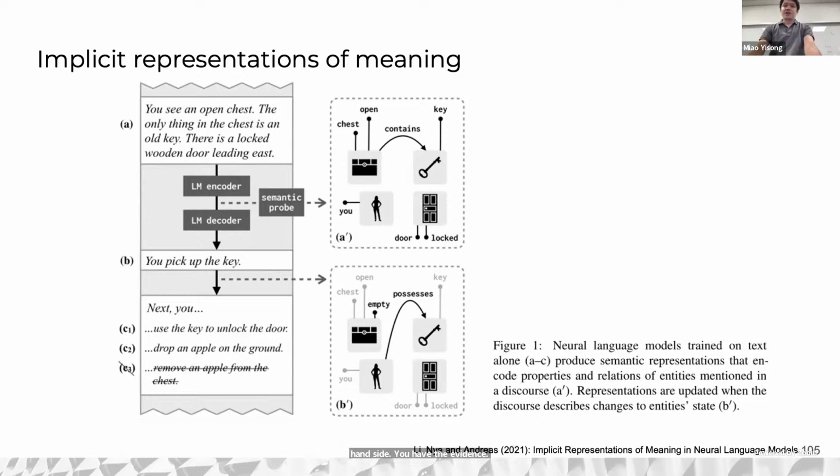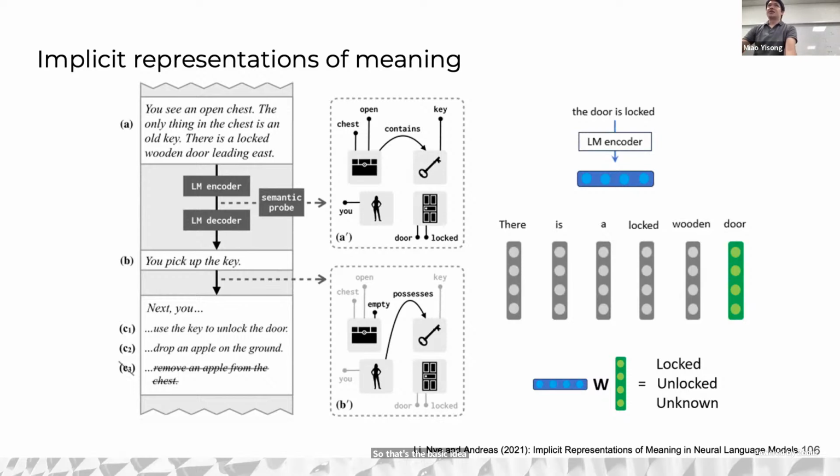And if your model can do that, for the next utterance that comes after B, you can already rule out C3, because C3 is remove an apple from the chest. The previous utterances never mention an apple, so that's inconsistent with what we have. So that's the basic idea.